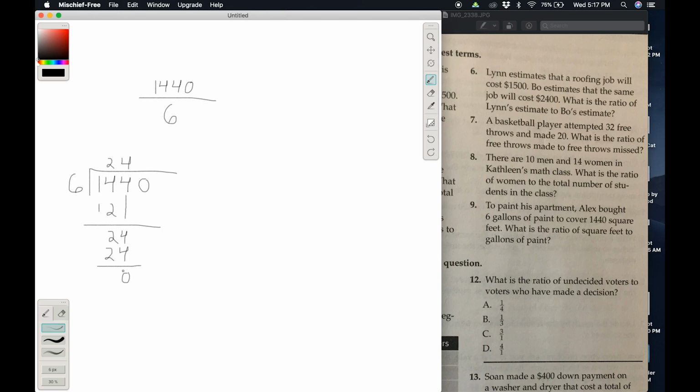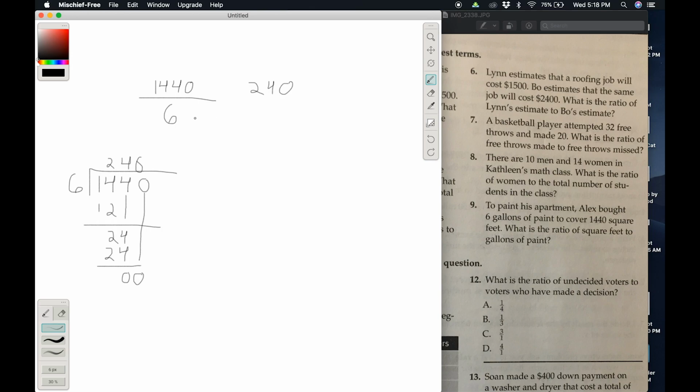Bring down this other 0. Does 6 go into 0? No, so we put 0 up here. We have nothing left to do here, so this came out even. So 6 goes into 1,440 240 times.